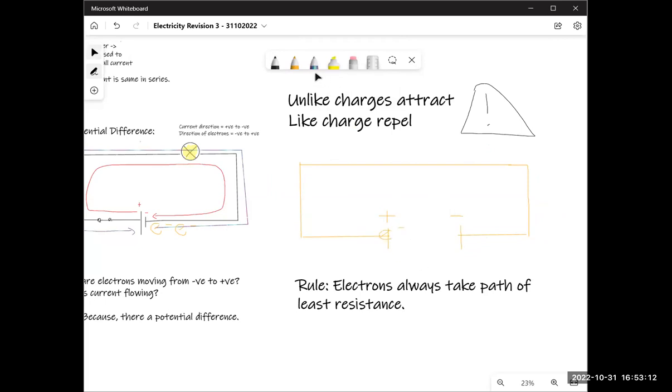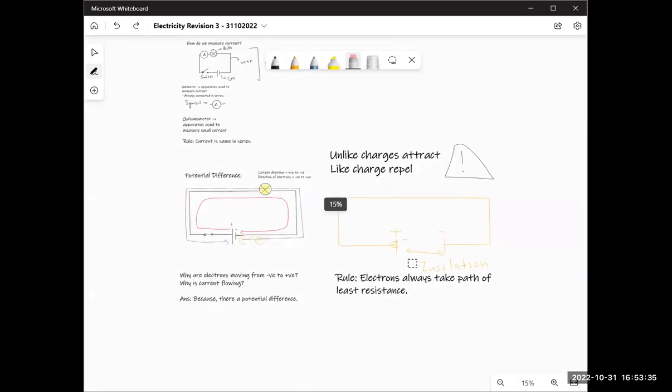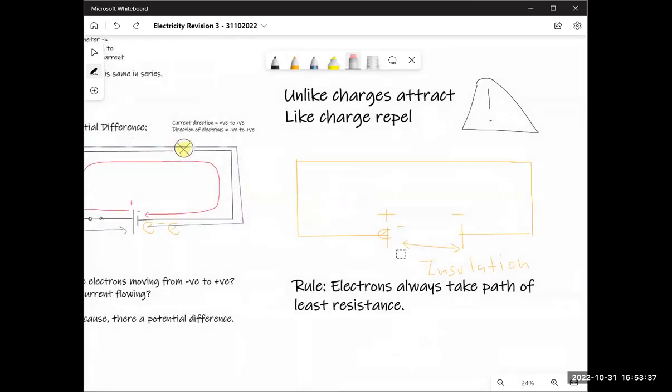Now, okay. Now this right here is called a vacuum. It's basically, let's say there is a gap. Or let's just call this, there's an insulation here. Do you know what insulation means? Or what is insulated? Insulated is something that does not conduct electricity.